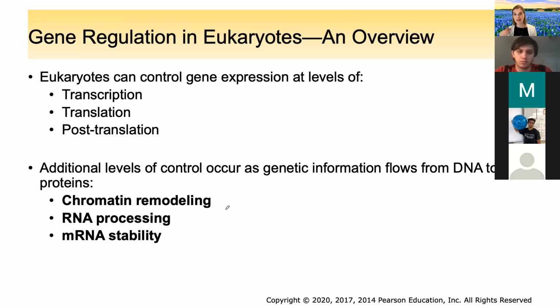But this has to do with how the DNA in its chromatin form is wrapping around histones more or less tightly and exposing different types of side groups to make it more or less accessible to be transcribed. So there's a lot of stuff that can go on there. The RNA processing, which Michaela was just mentioning, really happens with that post-transcriptional part. And then there's the messenger RNA stability as it's leaving the nucleus: how stable have we made that so that it doesn't get degraded right away?